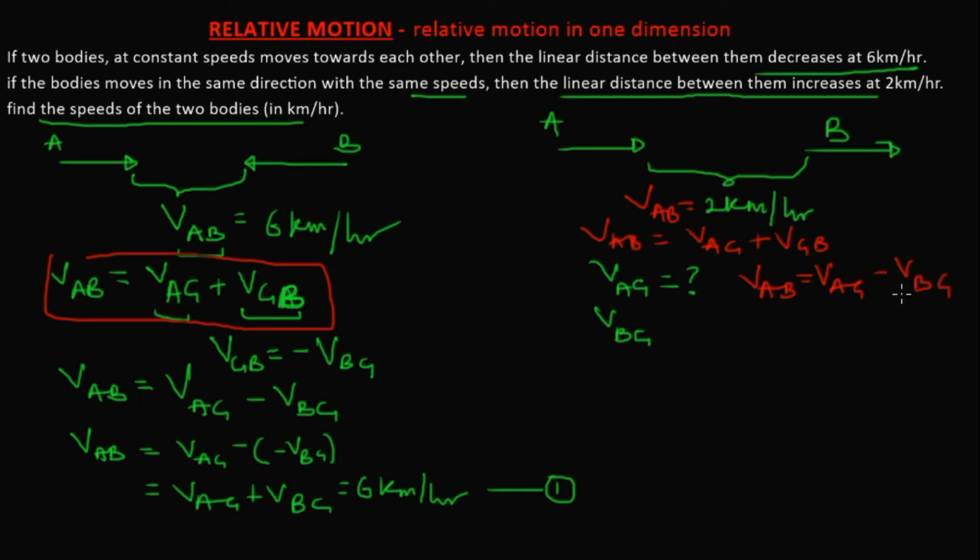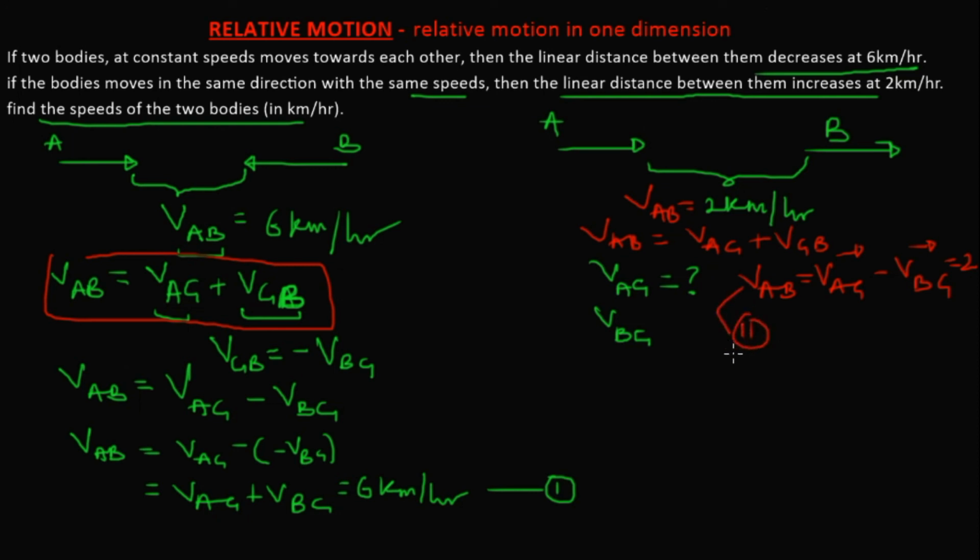This moves in this direction, this also moves in this direction, so they are both positive. The negative sign is because we don't have VGB, we have VBG. And of course, it has been given as 2. So let's call this equation 2.